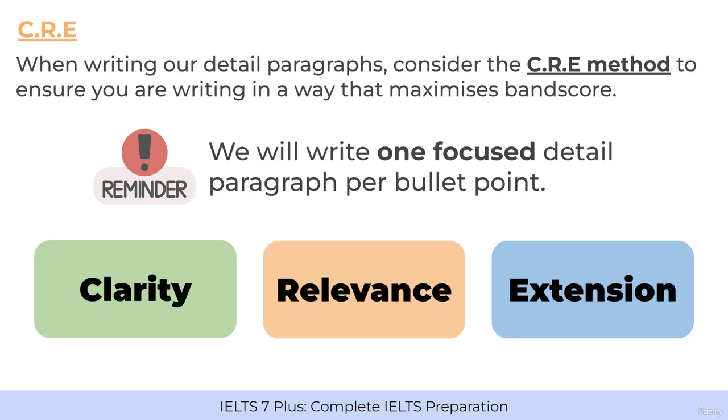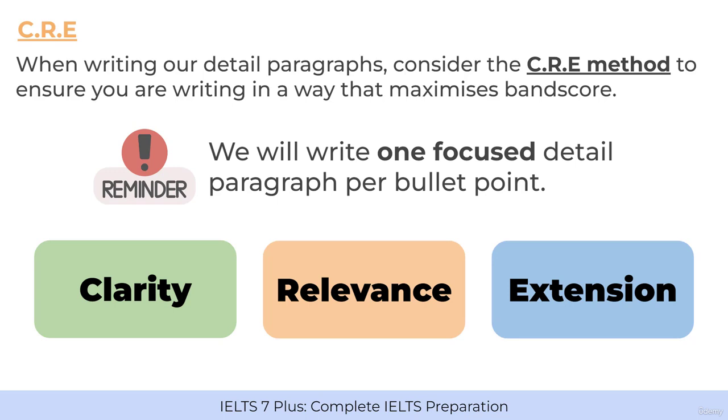So the CRE method is a way of thinking about and planning for and actually creating our detailed paragraphs so that we make sure that we're really using our best language and we're answering the question and giving a bit of extra detail also. Quick review: clarity, clear language. Relevance, relevant ideas to answer the question.